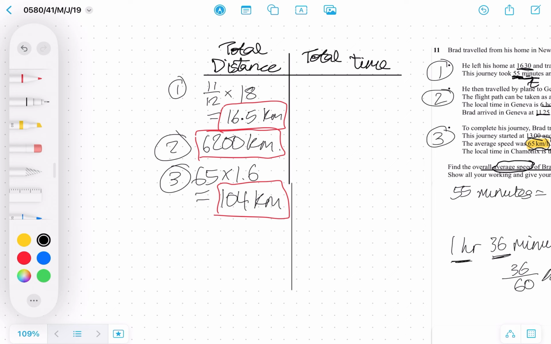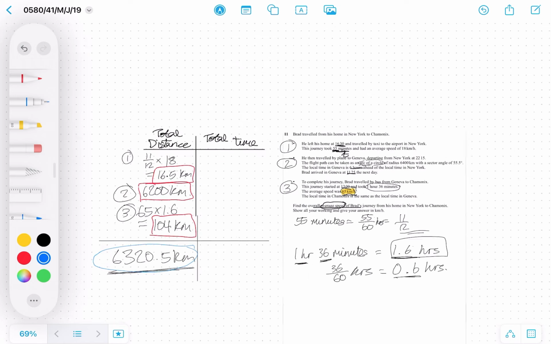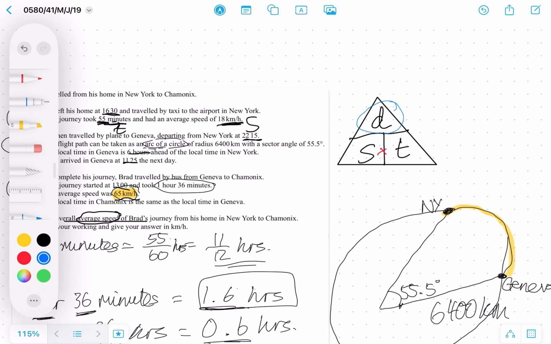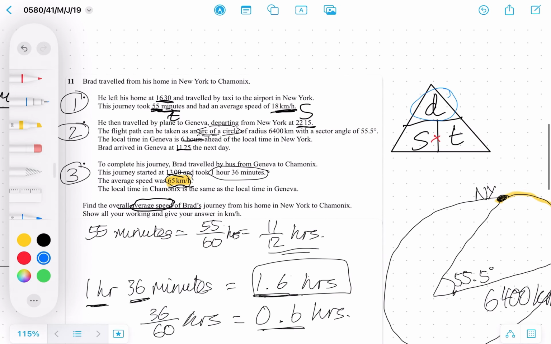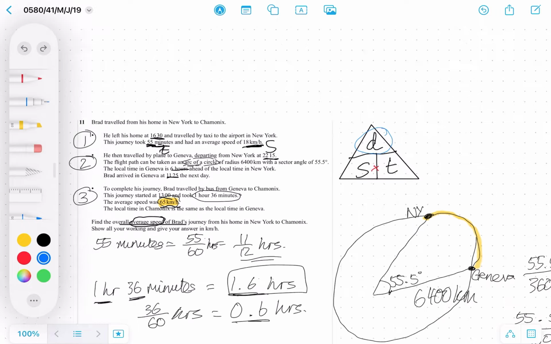And that gives you a total distance traveled as 6,320.5 kilometers. Okay, so now we've got the distance. And now all we have to do to calculate the average speed is to calculate the time taken. The overall time taken.